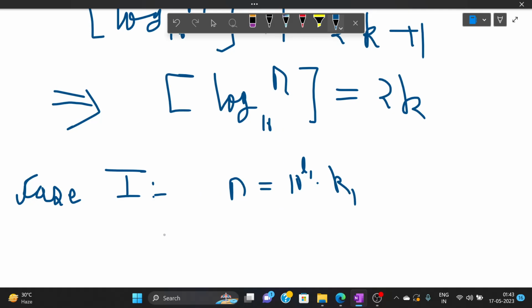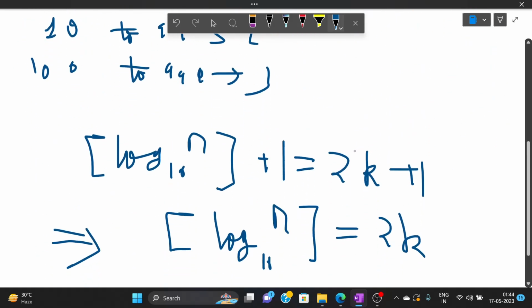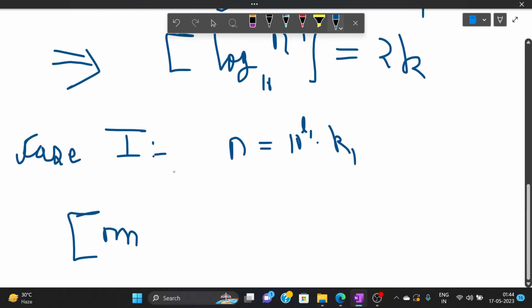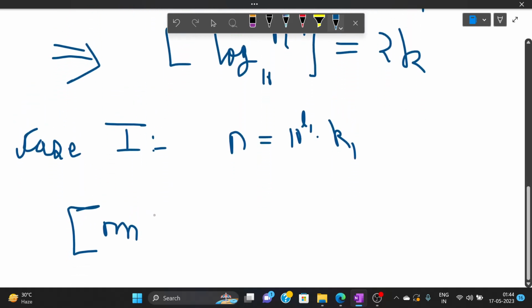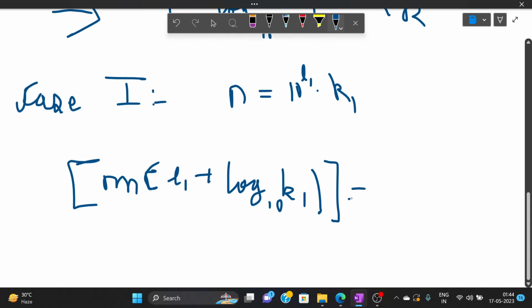Putting this here, and since we are talking about powers of n, here it will be log n to the power m base 10. So now we get that the greatest integer of m times L1 plus log k1 base 10 is an even number.